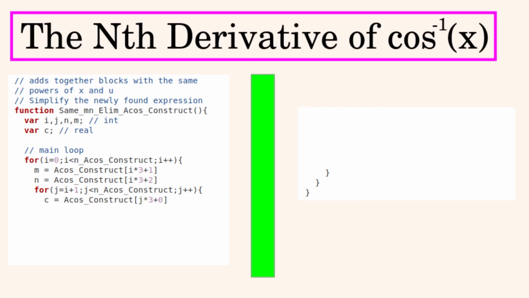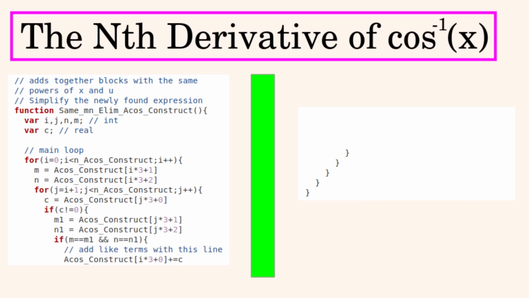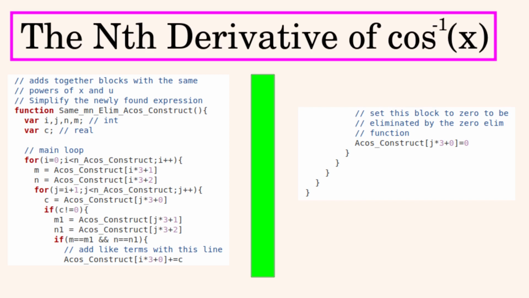We'll get the constant term of each of these terms ahead of it. And if it isn't 0, we'll look at its own powers of x and u. And if these two terms have the same values of x and u, which are given by n and m, then we'll add the value of its coefficient onto the first term, and set the coefficient of the second term equal to 0, getting ready to delete it.